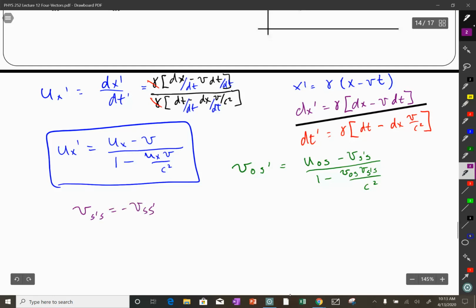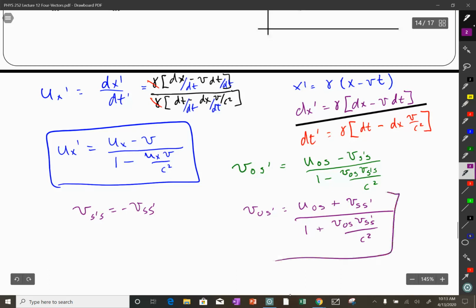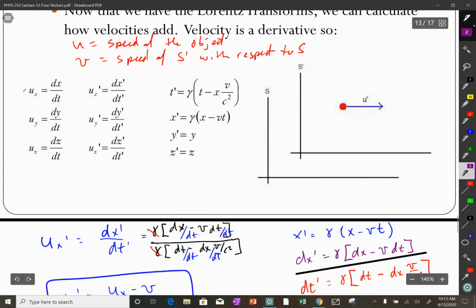And so this would be equal to, and that is the way we showed it in class. So that's how we add parallel velocities. That is, if v is in the x direction, that was our definition, and ux is in the x direction.